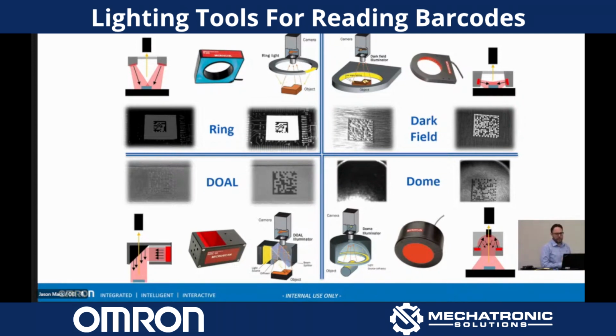I don't have a slide about it, but has anybody ever heard of dot peen codes? Yeah, a decent amount. So lots of head nods. What we're doing with the dot peen code is we're taking some kind of tip and just smashing a hole, an indent into the object. The reason this works very well when we're reading is we're basically making, I don't have a whiteboard or anything, but we're making a V in the bottom of the object.